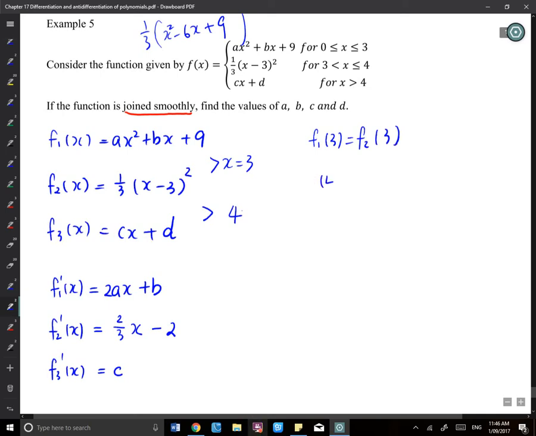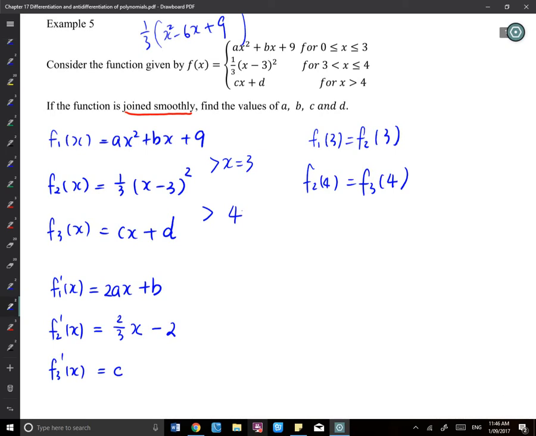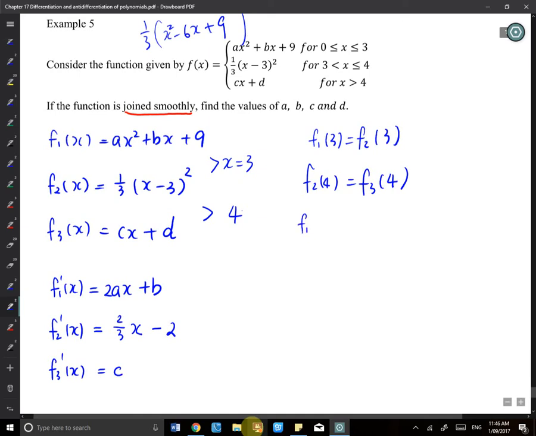And f2(4) must equal f3(4). That's just for connection. Then, for smoothly connected, f1'(3) must equal f2'(3), and f2'(4) equals f3'(4).